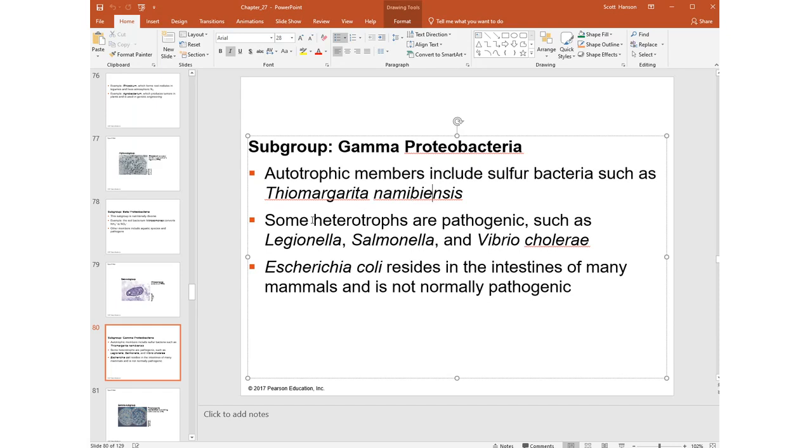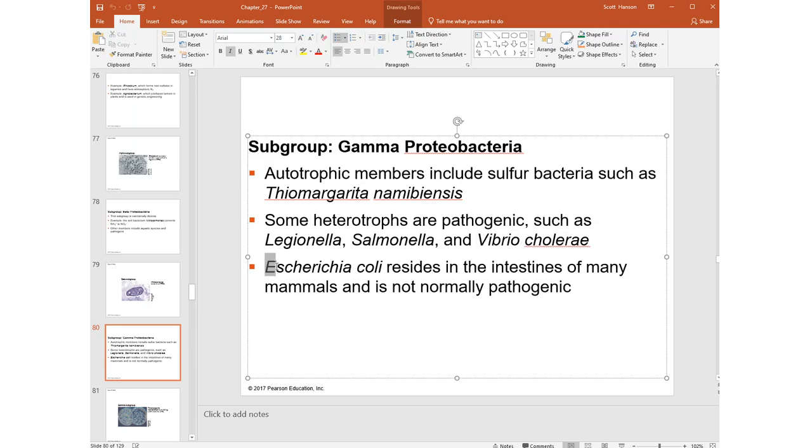But there are also some heterotrophs in this gamma group that are pathogenic. So Legionella that causes Legionnaire's disease, Salmonella that causes the disease called Salmonella, and Vibrio cholerae that causes cholera.